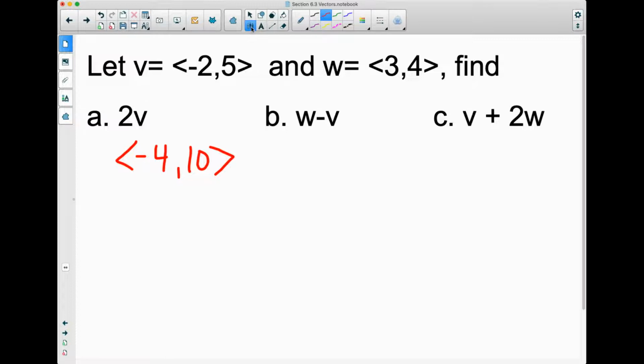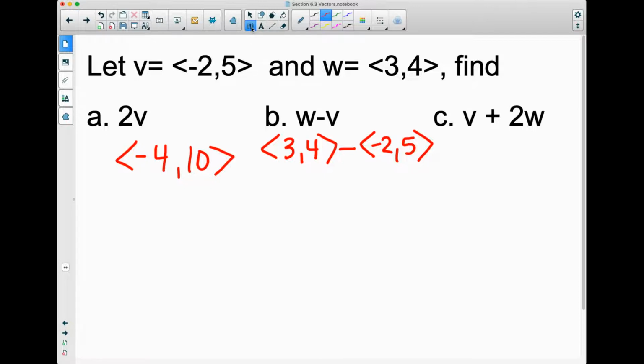To subtract the two vectors, I'll take w, which is 3, 4, minus v. The only reason I'm writing it out like this is that when I did this problem the other day, on certain ones I distributed the negative, and on the other I didn't.